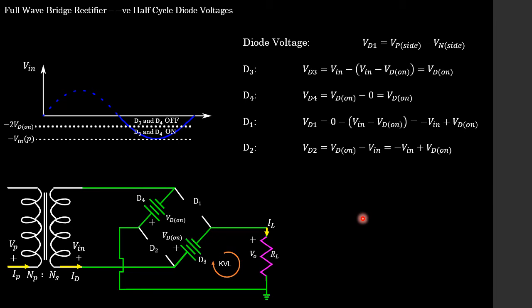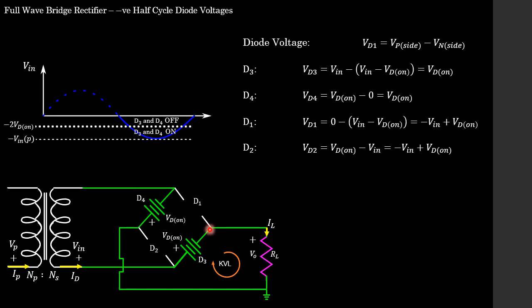Then, students, again, we can perform a validation to see if our diodes are in fact on or off. Let's just go with D3. If we look at the positive or P side of diode D3, that is simply V in. If we look at the N side of diode D3, that is simply V in minus VD on, so the voltage that appears at this node is V in minus VD on.